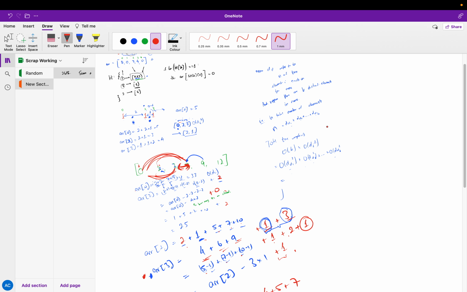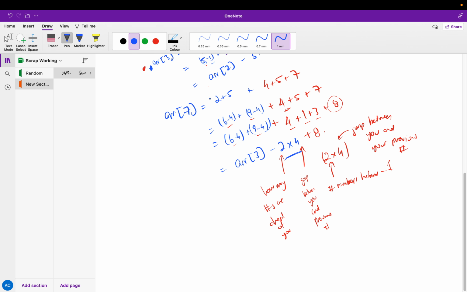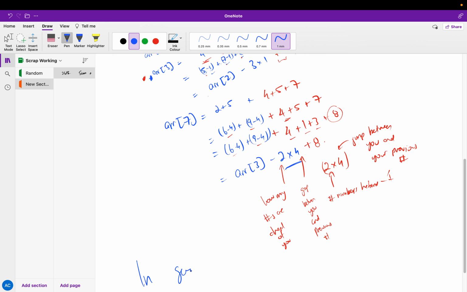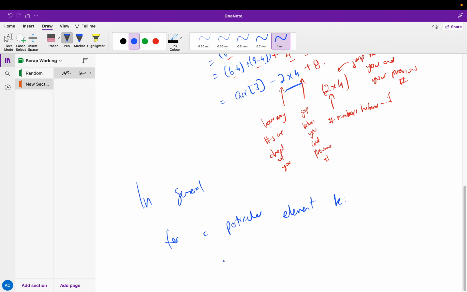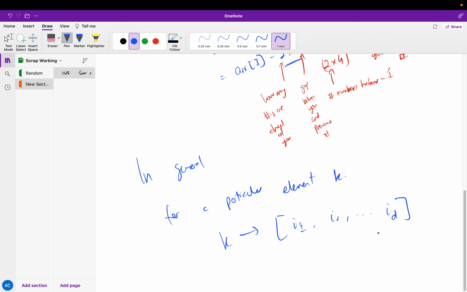Okay, so in general, here's my plan. For a particular element, call it K, K will map to a bunch of positions, sorted, I1, I2, up to ID, where there are D instances of this particular element.